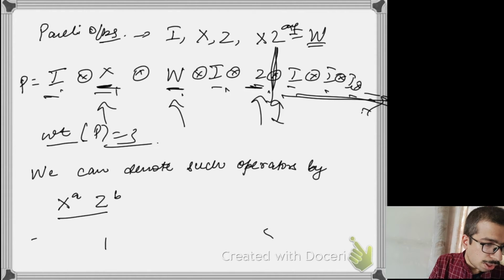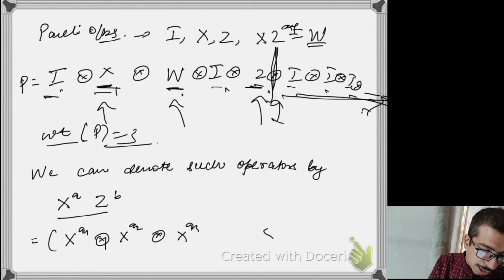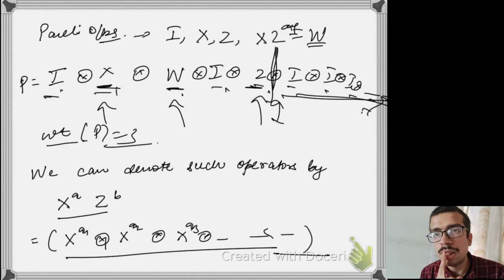So for example I can write this X^a as X^a1 tensored X^a2 tensored X^a3, and so on. Note that a1, a2, a3, and so on is actually an infinite sequence, but with only a finite number of non-zero values.